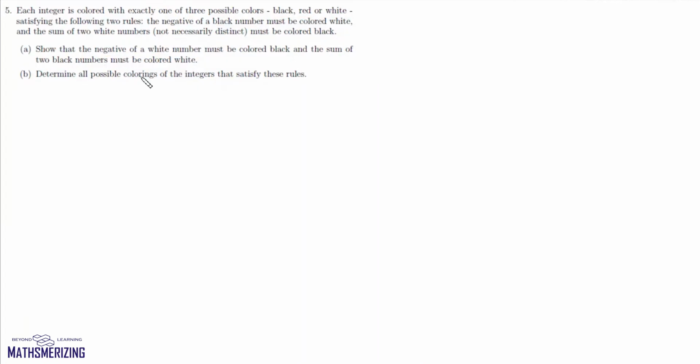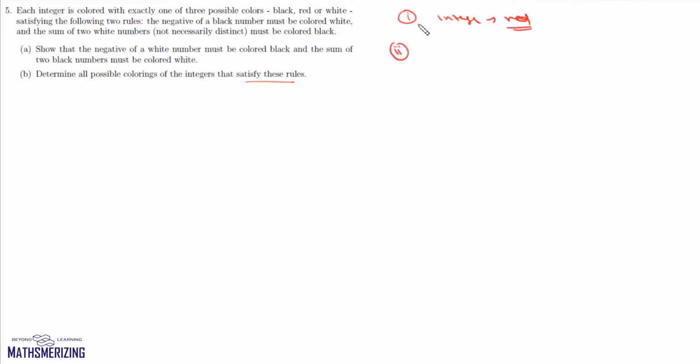Now we'll come to the second part, which says determine all possible colorings of the integers that satisfy these rules. So one obvious condition is we can paint all the integers as red. So if all the integers are red, then they satisfy all these given conditions.